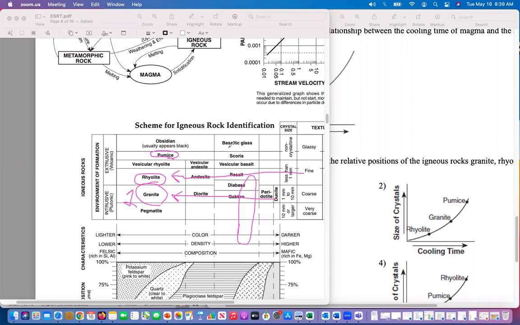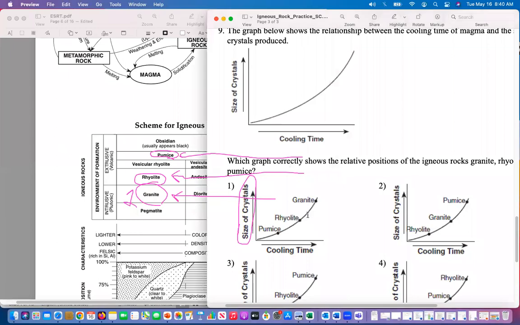And then when you get to pumice, it's no crystals at all. So that also lets me know that granite has to be the highest, rhyolite has to be the second highest, pumice has to be the third highest. And so when I take a look, the only choice where it has the longest cooling time and granite has the highest crystals is choice 1.